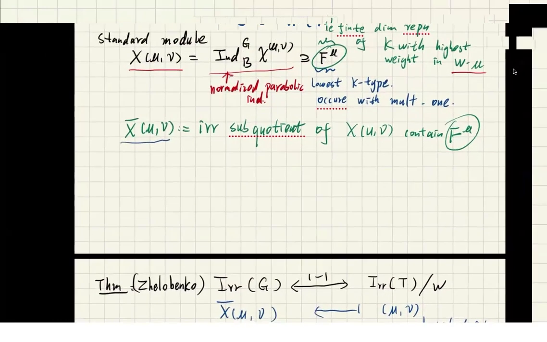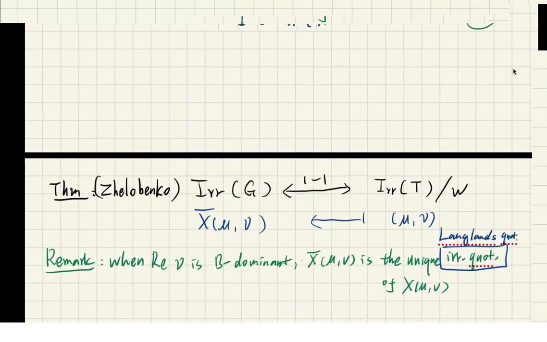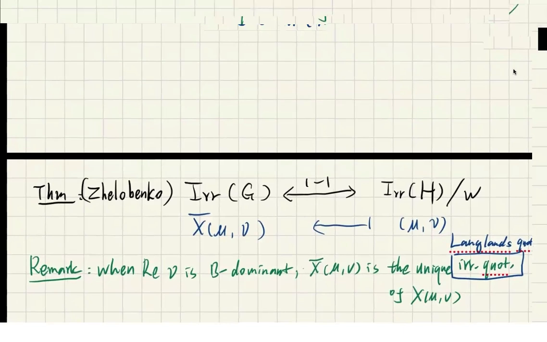So the theorem of Zelobenko tells you that the irreducible representations of the complex group G are in one-to-one correspondence with the W orbits of these mu nu, that is, W orbits of irreducible representations of H. So H is a Cartan subgroup.